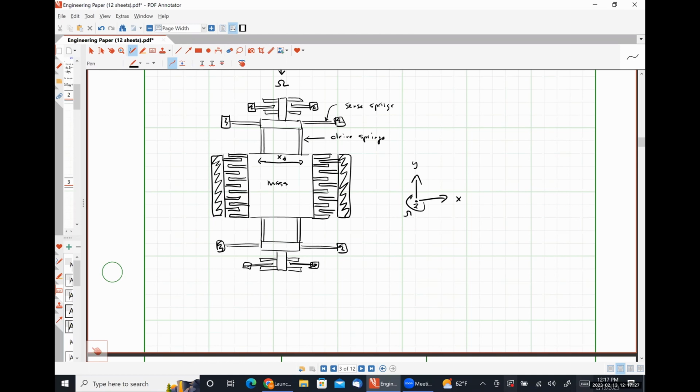So our rotation is occurring in the plane of the mass. Omega's vector direction is out of the page. Our movement is in the X direction. Our drive mode movement is in the X direction. And so our thumb points in the direction of our sense mode displacement.